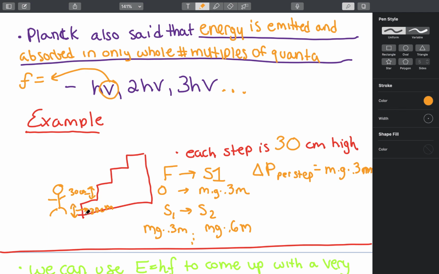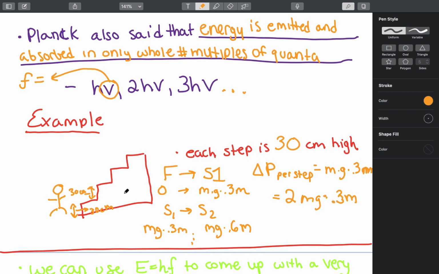So in order to go from the floor to step 2, the energy difference would be equal to 2 times this amount, because you're going up 2 steps. So it would be 2 mg times 0.3 meters.